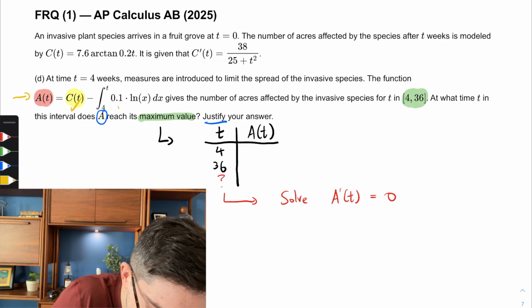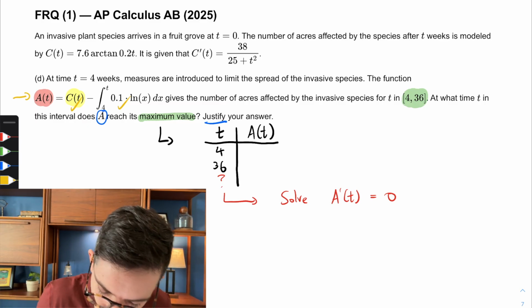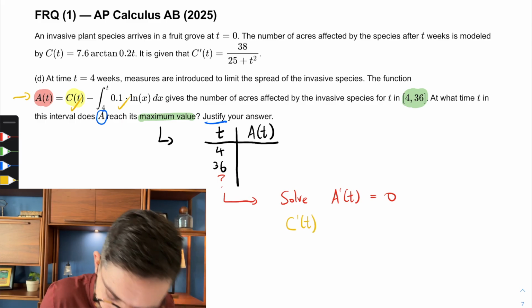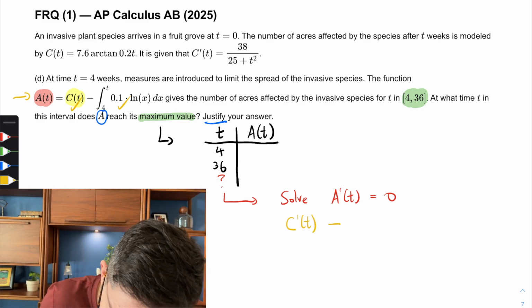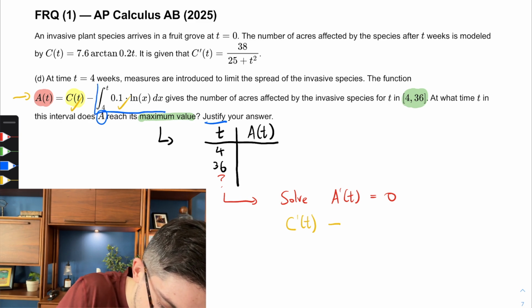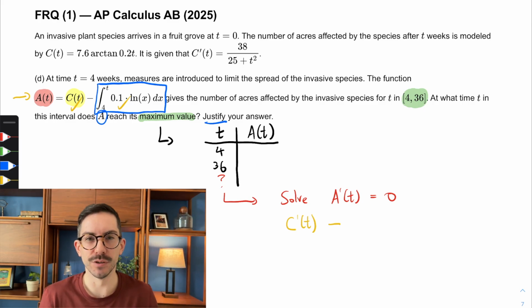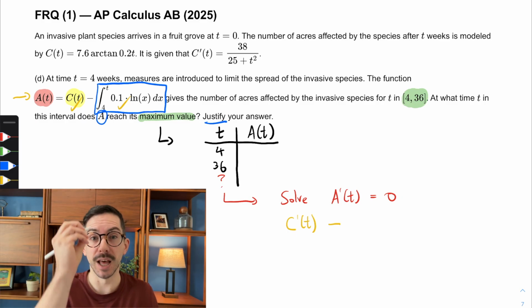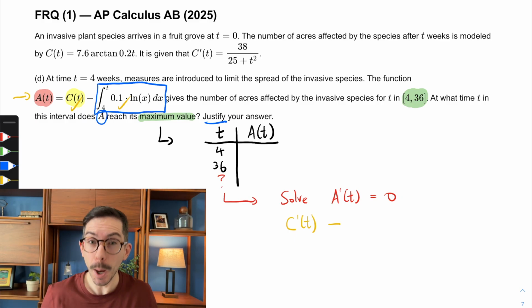So I have these two terms. So A prime is going to equal C prime of t, and then I'm going to subtract off that next term, which is an integral. Well, this type of integral should always be making me think fundamental theorem of calculus, because I'm differentiating an integral. The variable I like, t, is appearing as that upper limit.